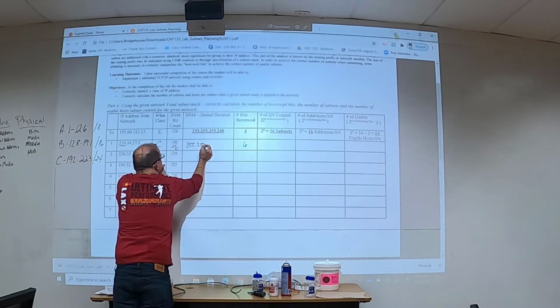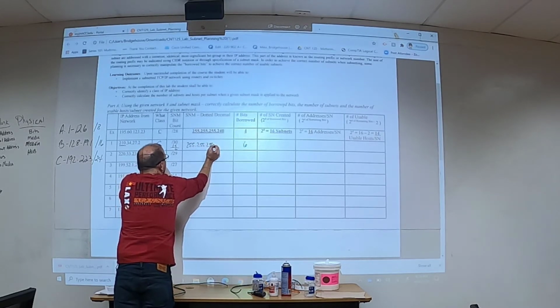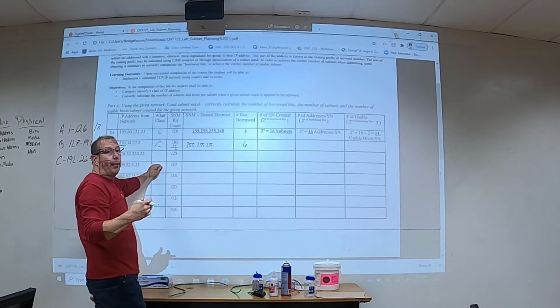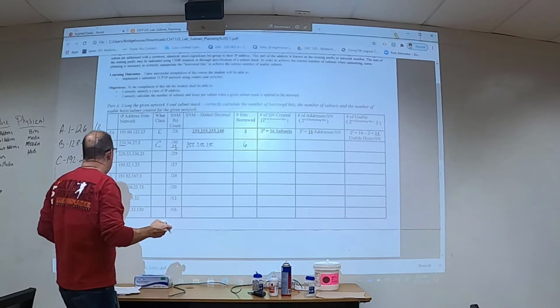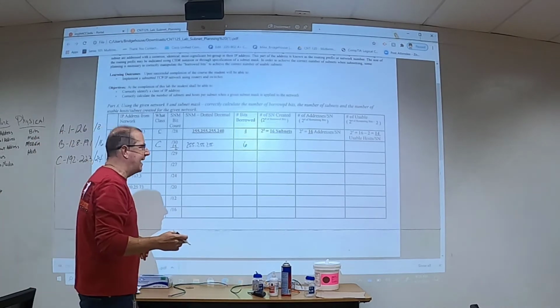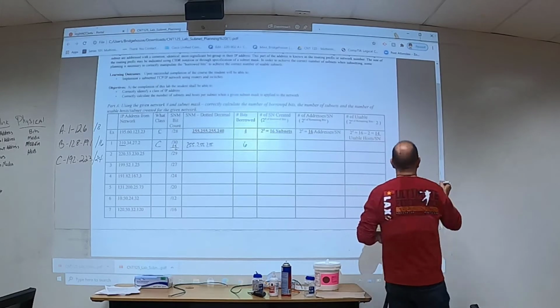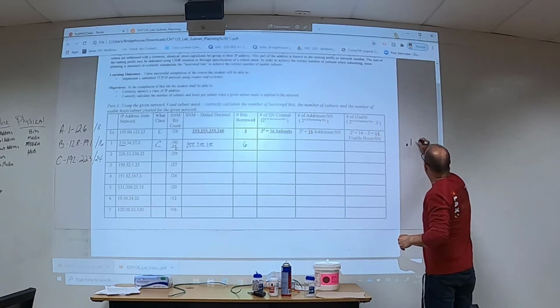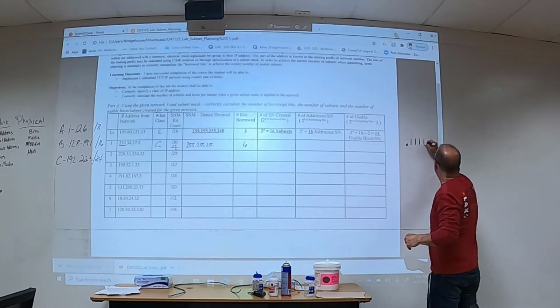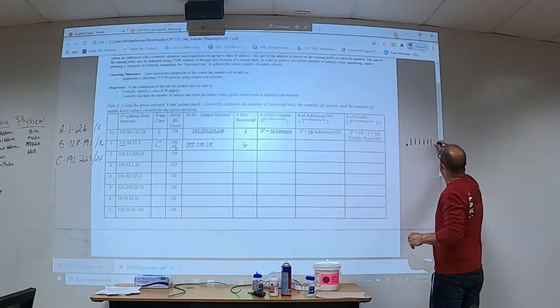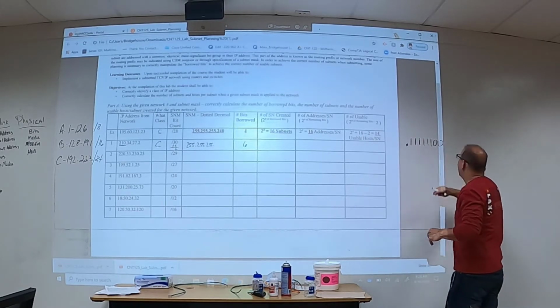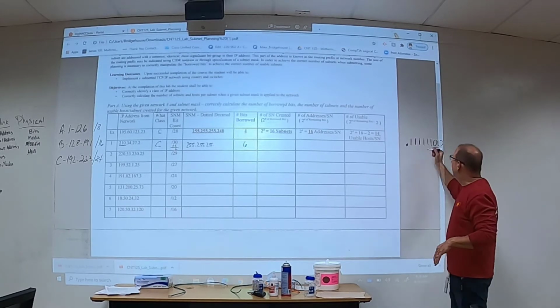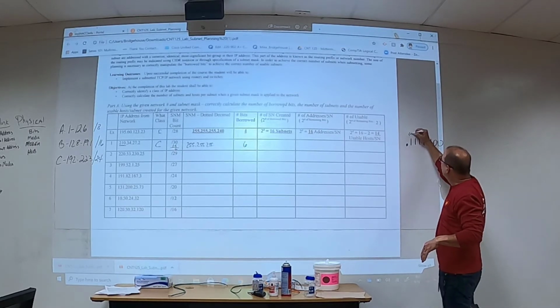That would make my subnet mask, my default, 255.255.255.0. I borrowed 6 bits, which means if I were to break that down into binary, that last octet would look like this. 1, 2, 3, 4, 5, 6, and then 2 zeros following it. This bit here is worth 128.